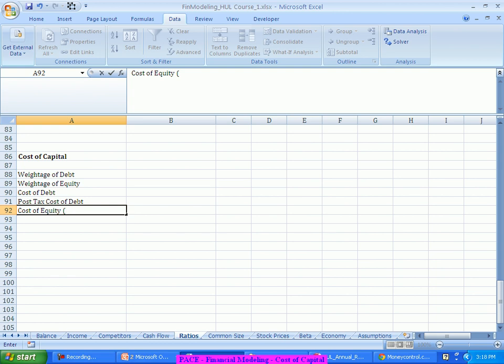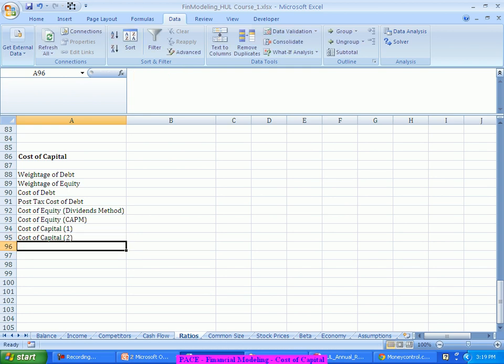I'll call it the dividend method. I'll use two methods to find out cost of equity: the dividend method and the capital asset pricing model method. Similarly, cost of capital using the first method and cost of capital using the second method. So these are the things we'll try to find out for this data.